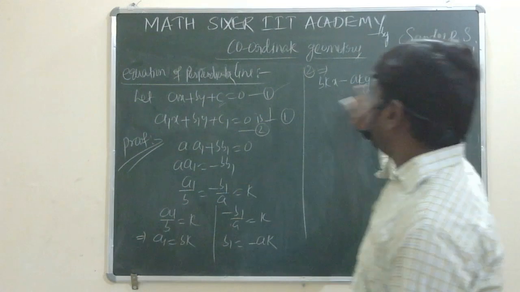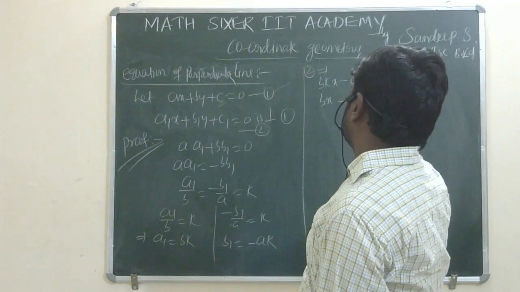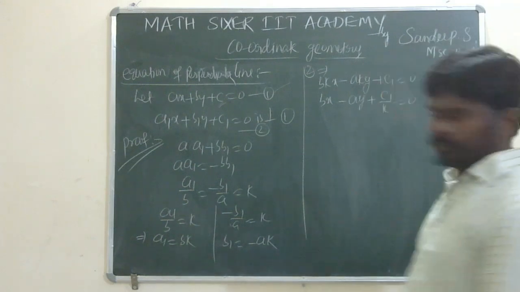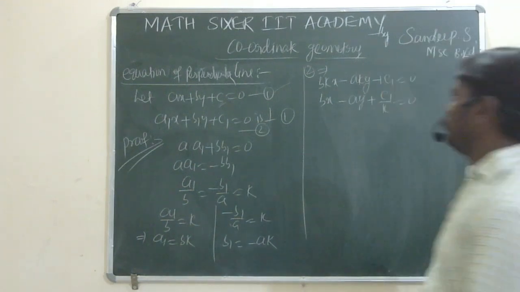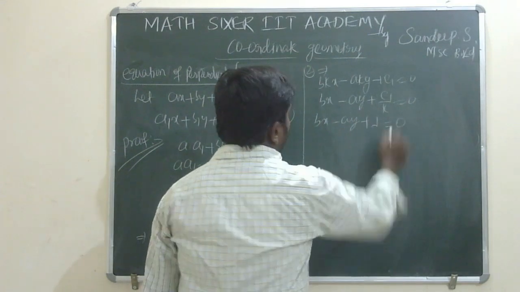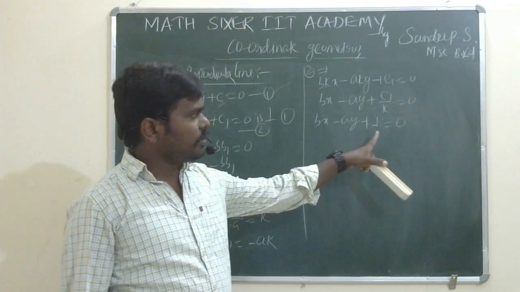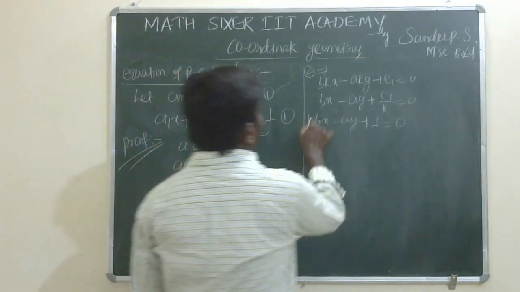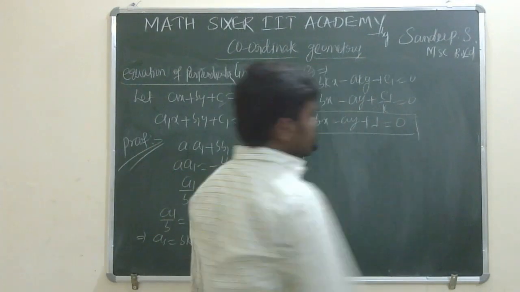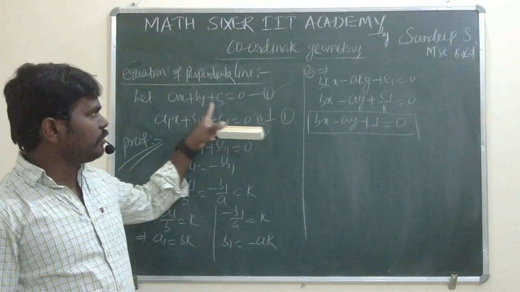Now take k common, then you will get bx minus ay plus c1 by k is equal to 0. Let c1 by k be some lambda. So bx minus ay plus lambda is equal to 0. This is the line equation which is perpendicular to the equation ax plus by plus c is equal to 0.